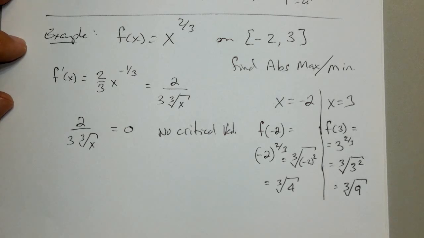So my question is, which one's bigger? This is max or min? Max or min? 50-50 shot to sound intelligent. Or the opposite.